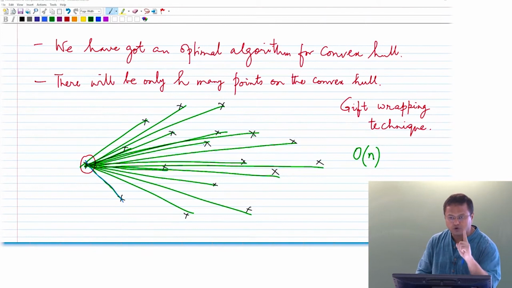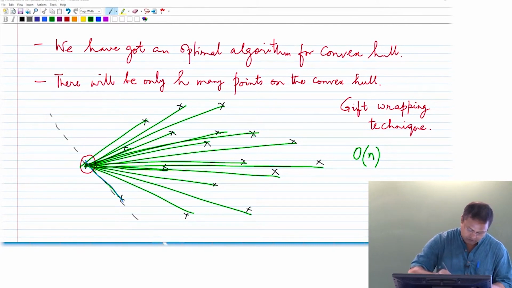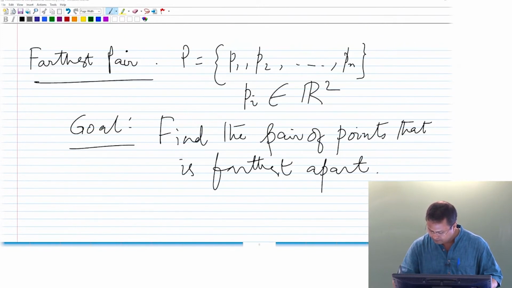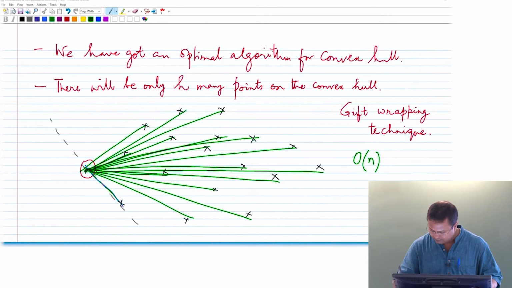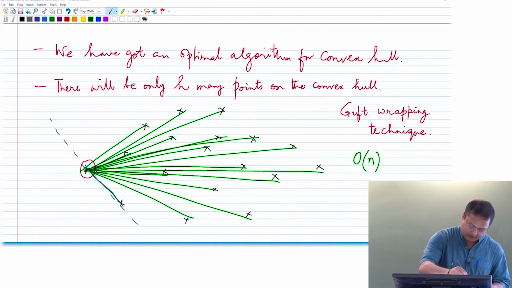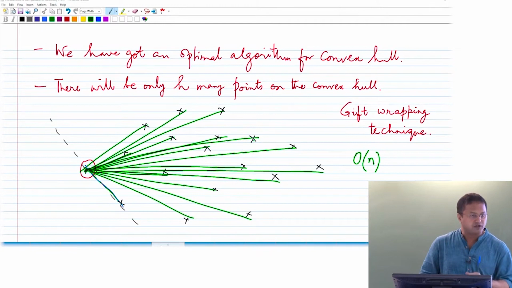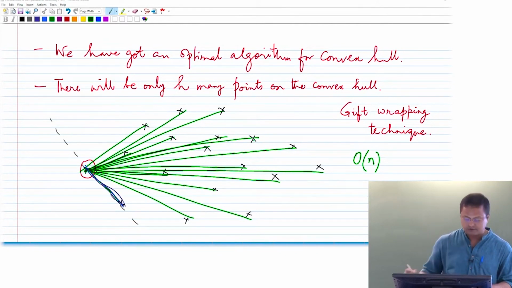So, I drew order n such line segments, I picked out the minimum slope, and I have got my next point on the hull, because if you think of this line, then all points are going to be on one side of it. So, it qualifies for a convex hull edge. So, I have got one edge. How do I pick the next edge?